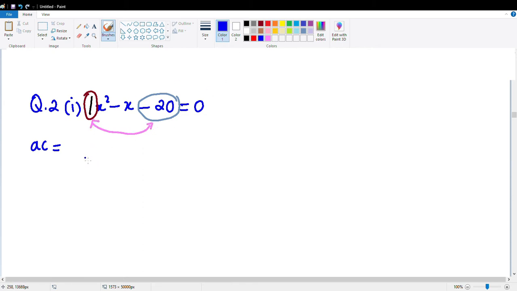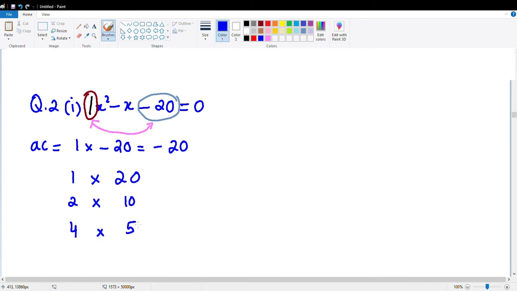When we multiply 1 with minus 20, we get minus 20. So factorizing 20, the factors can either be 1 and 20, or 2 and 10, or 4 and 5. That's pretty much it.